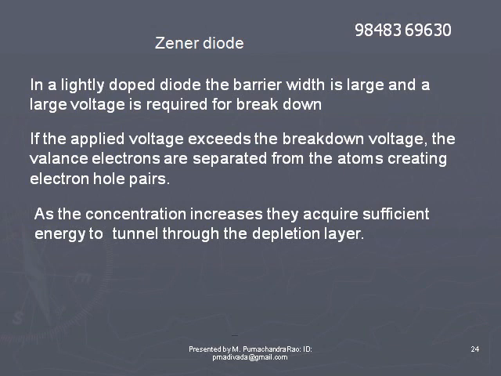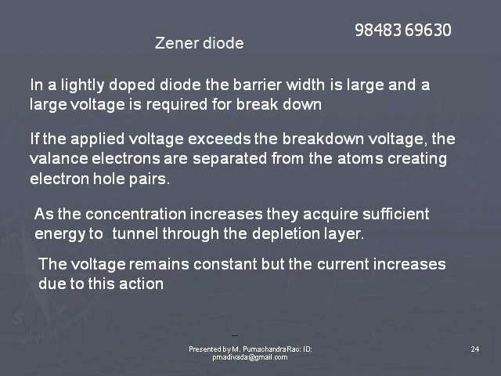As the concentration increases due to collisions, they acquire sufficient energy to tunnel through the depletion layer. The voltage remains constant, but the current increases due to this formation of holes and electrons by the valence electrons. Because of this, the current strength increases, but the voltage remains constant at the breakdown voltage. This is how a Zener diode works.